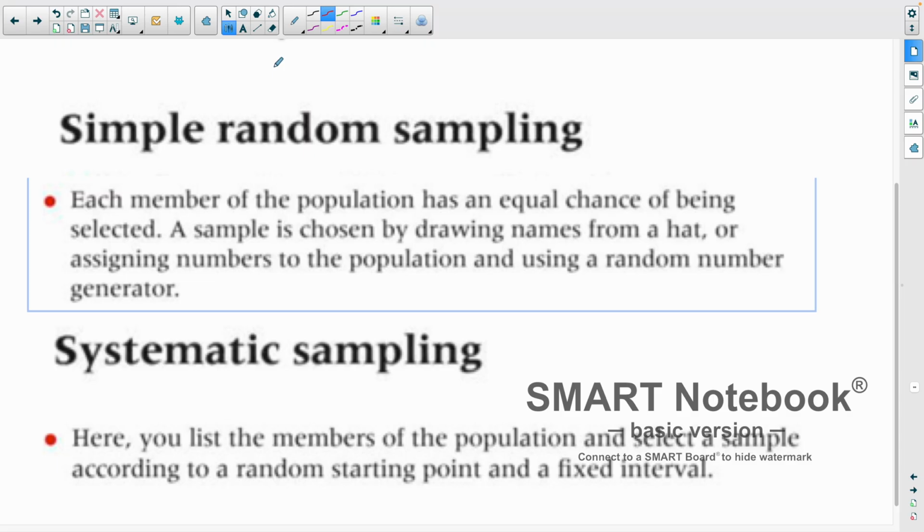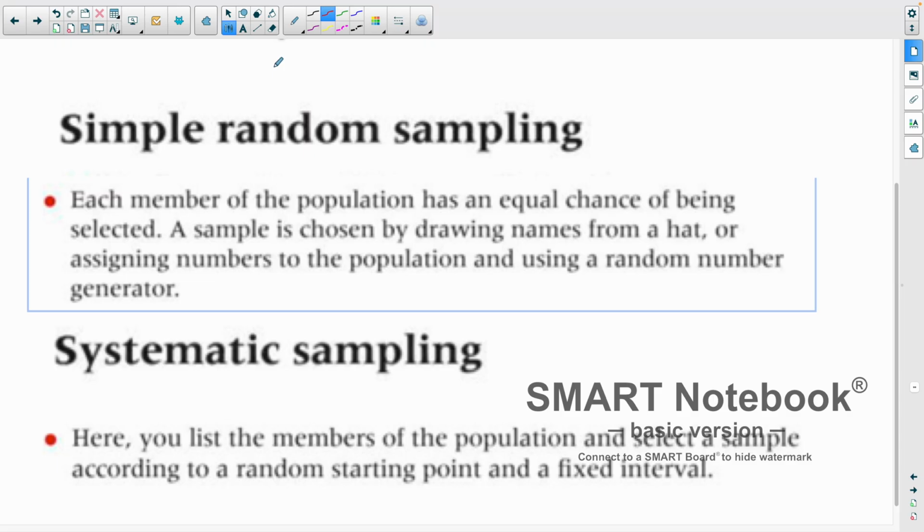It's kind of crazy, right? Would that be representing the population? It was random. Anybody had a chance to be chosen, but it didn't really represent the whole school district. Make sense? That's the thing you can run into.